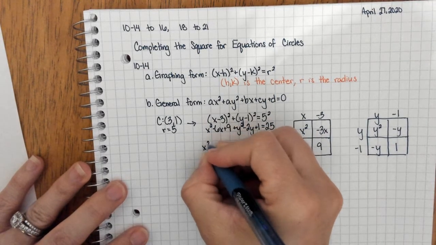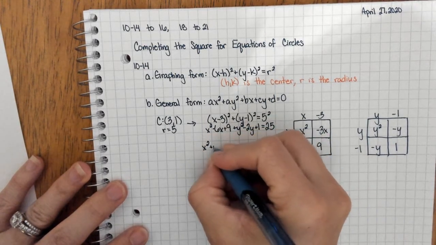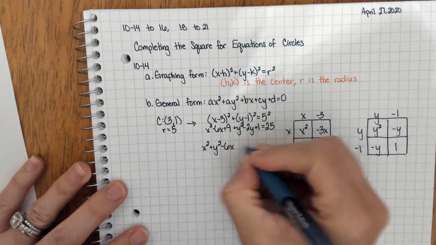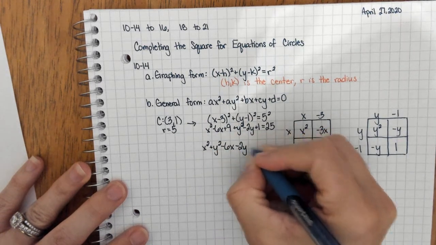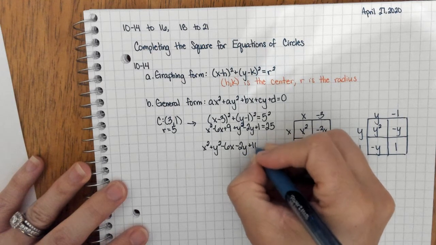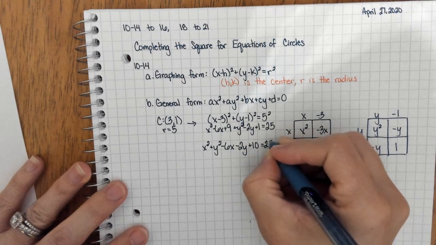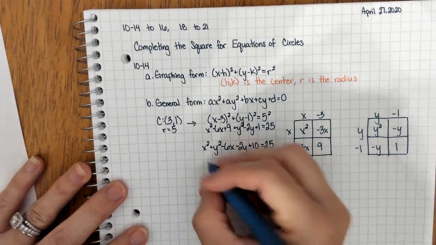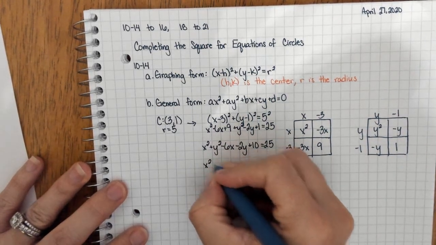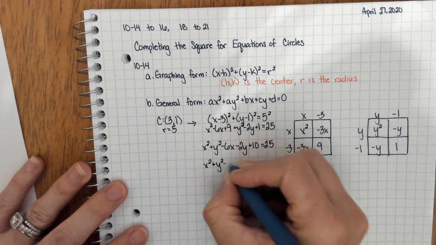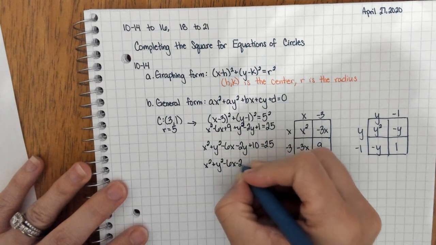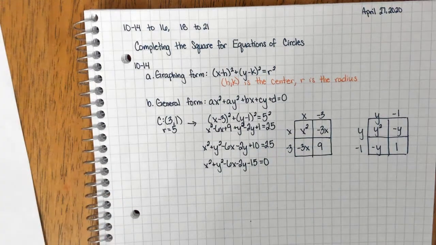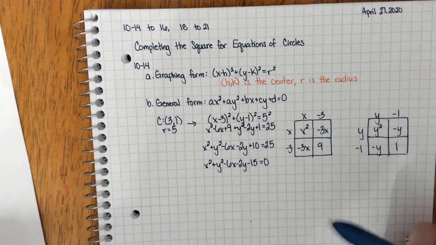We get x squared plus y squared minus 6x minus 2y plus 10 equals 25. So I just shuffled them around, and then if I subtract that 25, I get x squared plus y squared minus 6x minus 2y minus 15 equals 0. And now we have it in general form.